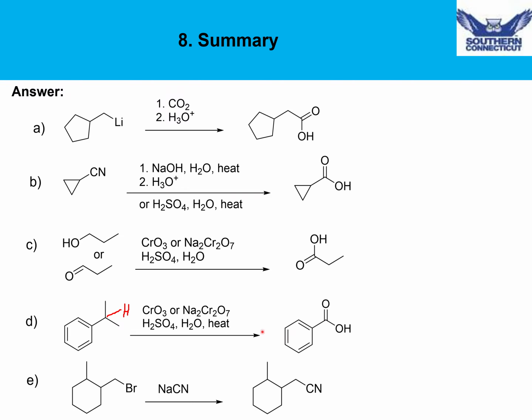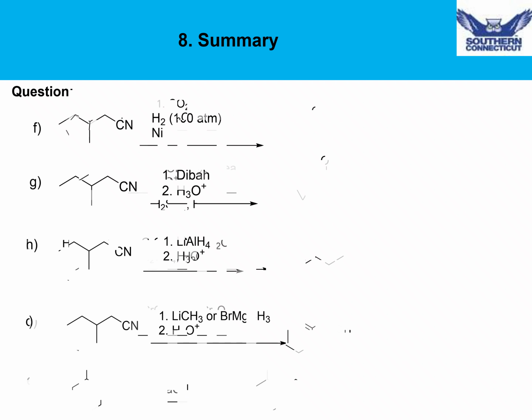In the last reaction here, we have an alkyl halide. If we add sodium cyanide, the cyano group will attack the carbon where the leaving group is and replace it. Since this is an SN2 reaction, it works best when it's a primary alkyl halide or even a secondary one. In the first reaction in this slide, we're using a nitrile and we're doing a hydrogenation.